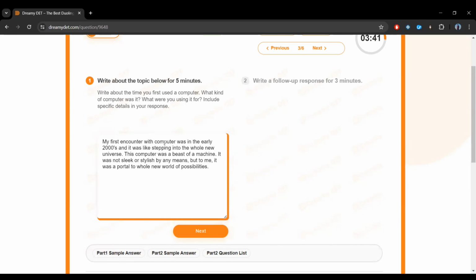Okay, let's talk about what kind of computer it was. We did talk about that. What were you using it for? My first task on this machine was to explore the realm of paint. Sure, everyone of you have done this as well.